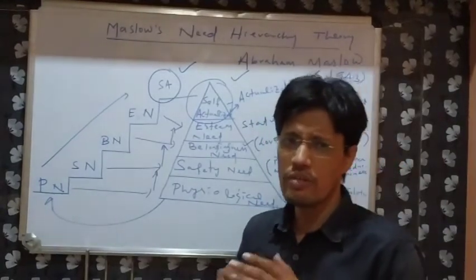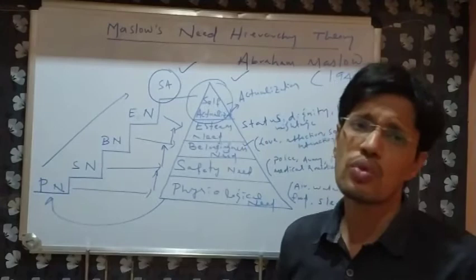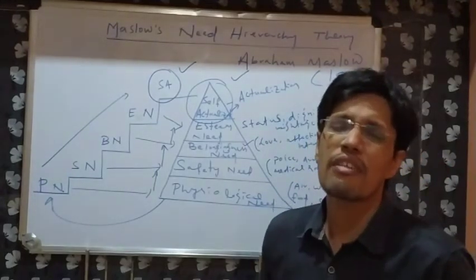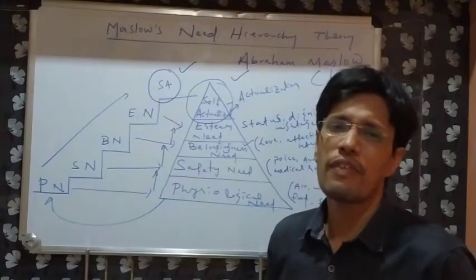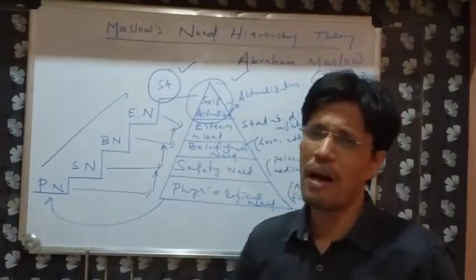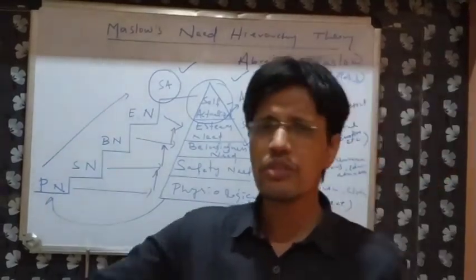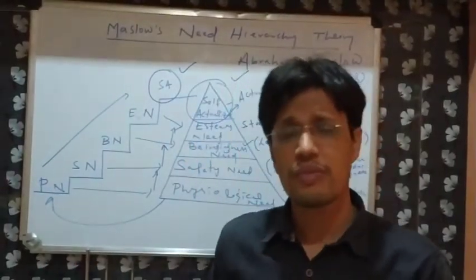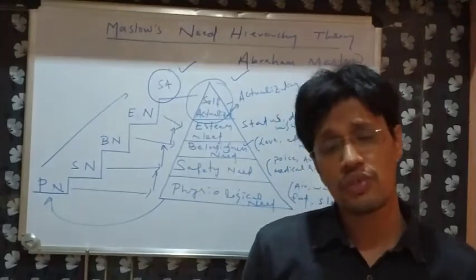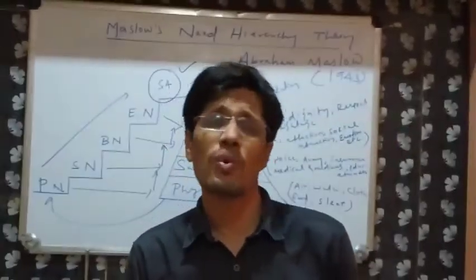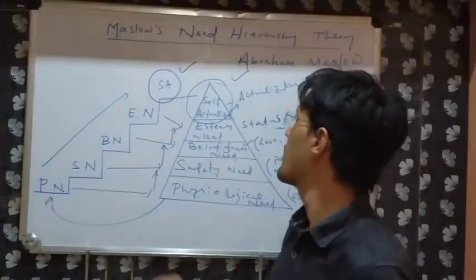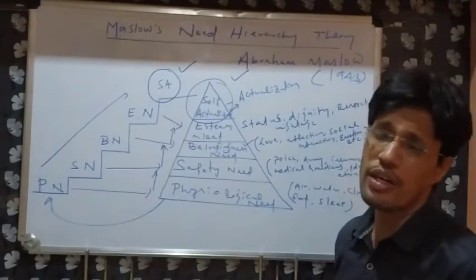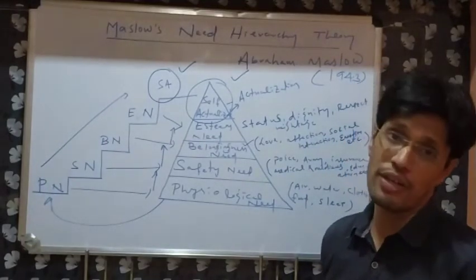Very few people become self-actualized, get everything in their life, and are admired and respected by the fraternity as a whole for years to come. This is what Professor Abraham Maslow spoke of as the need hierarchy model.